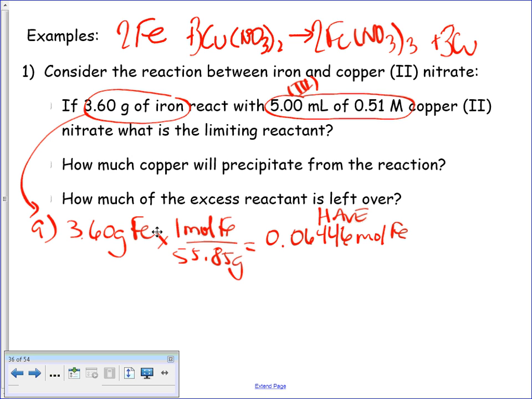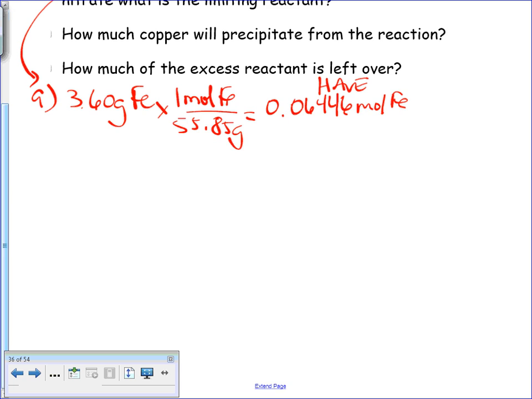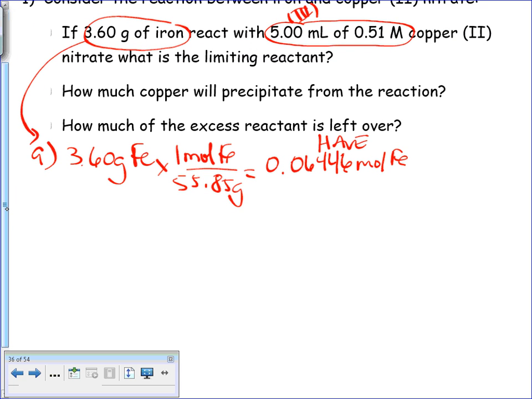Same thing on the second one, but how do we convert that information to moles? Times them, but what does the first one have to be in? Liters. All right, so second reactant, go ahead and tell me that in liters. 0.0050 liters of that solution times, how do I write molarity?